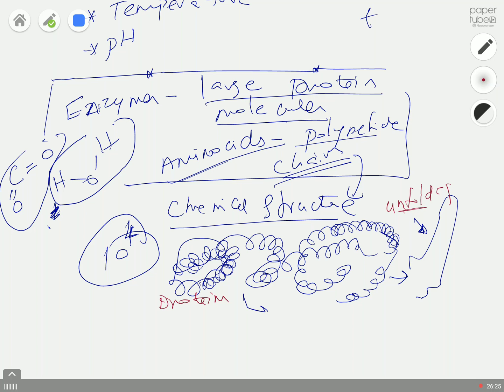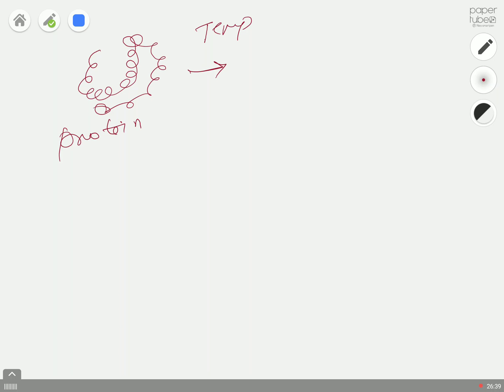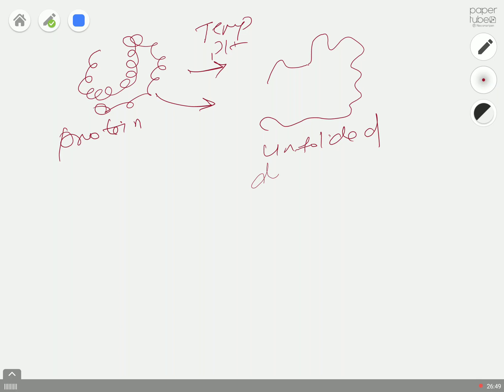Let me draw here, say this is your beautiful protein structure. When you alter the temperature or pH, it will lose its structural property and get unfolded. They call it denatured proteins.